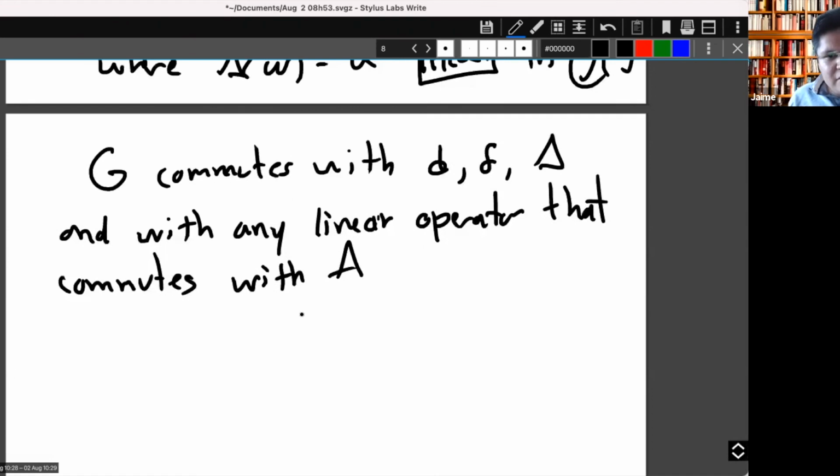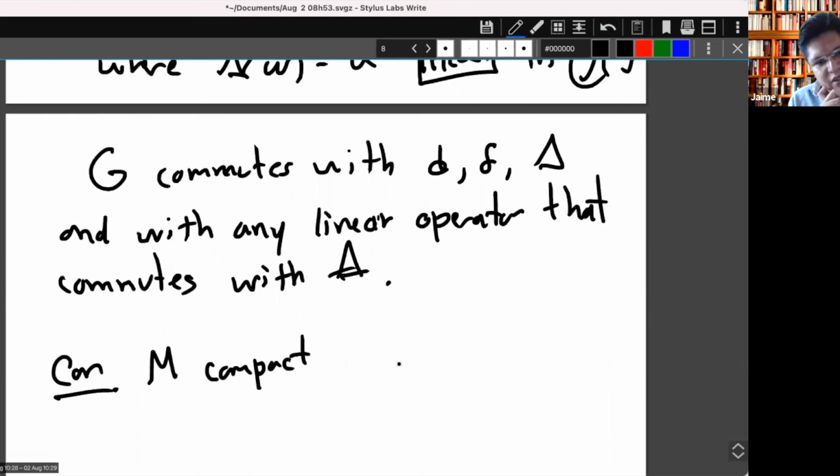So to finish for today, I'm gonna say there are several important consequences of the Hodge theorem. For instance, again, M compact orientable.